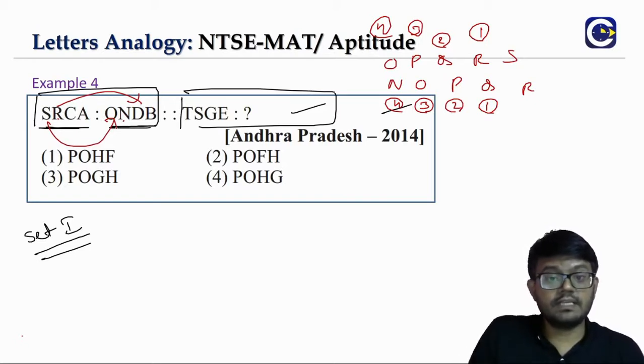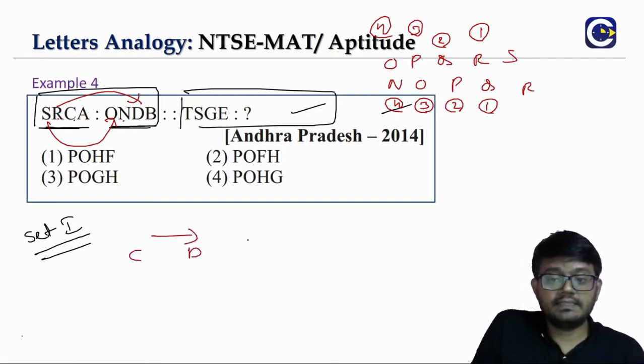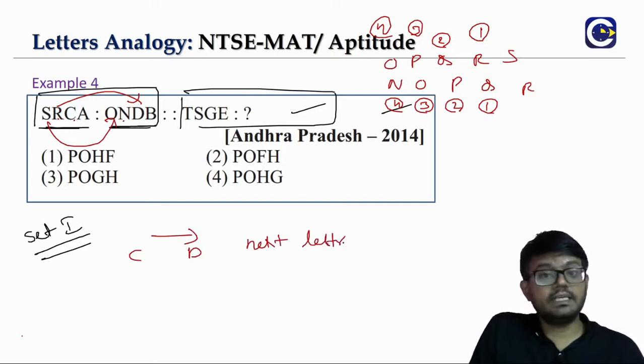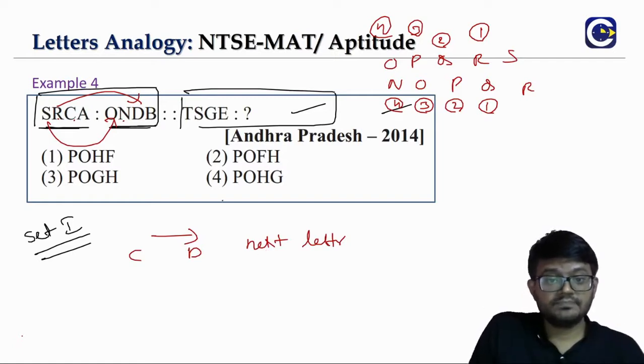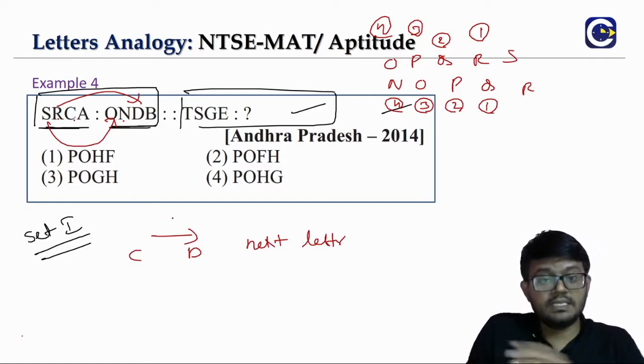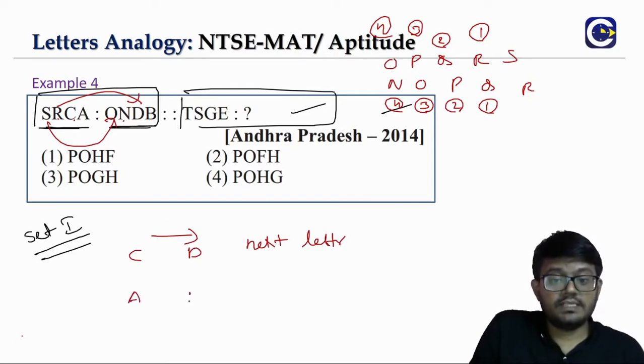And we have to see for the others also. Look at the others. C is related to what? D. What is it? The next letter. So here there is a change. For S as well as R, we are counting what? The backward direction, fourth letter. For C it is what? The one that will come just after. For A also what is it?